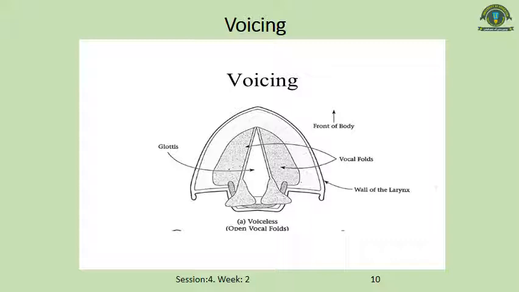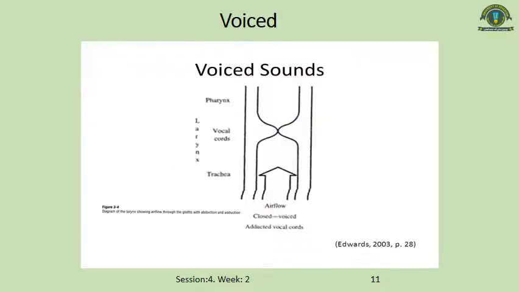Why? Because this diagram enables us to understand the position of vocal folds inside the human body while producing voiceless sounds. But remember, the situation is different when we talk about voiced sounds. You can see the position of vocal folds or vocal cords now through this diagram.